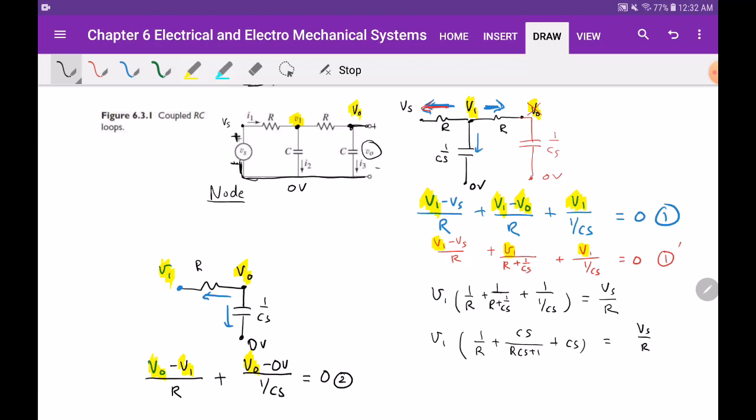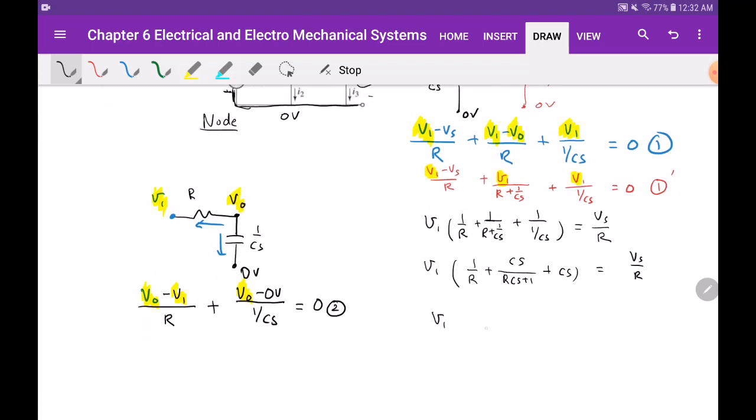Now I have a common denominator, which is R times (RCS plus 1). I knew it was going to be ugly. No wonder I never used this method. Plus RCS times (RCS plus 1). I'm not even sure if I did this one right or not.